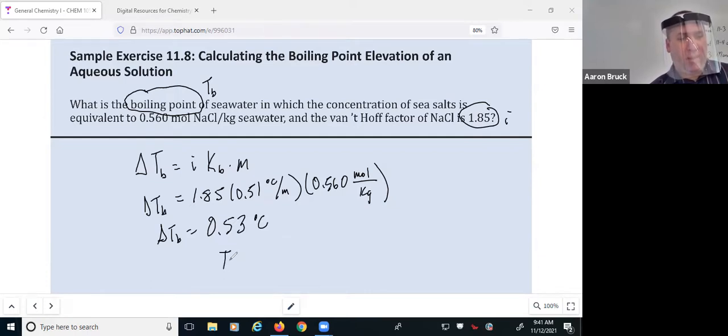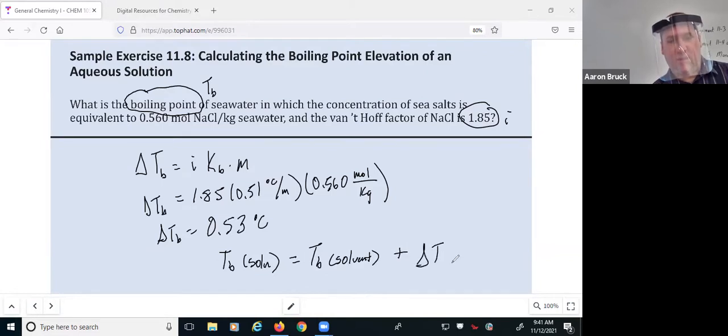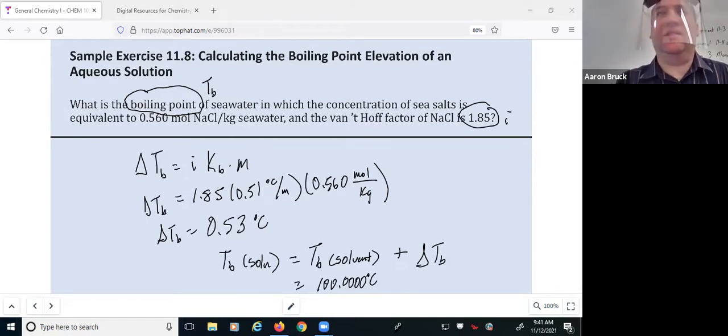The boiling point of the solution is equal to the boiling point of the solvent plus the boiling point elevation. Boiling point of the solvent is 100 degrees Celsius. And yes, I can use as many of those decimal places as I want.